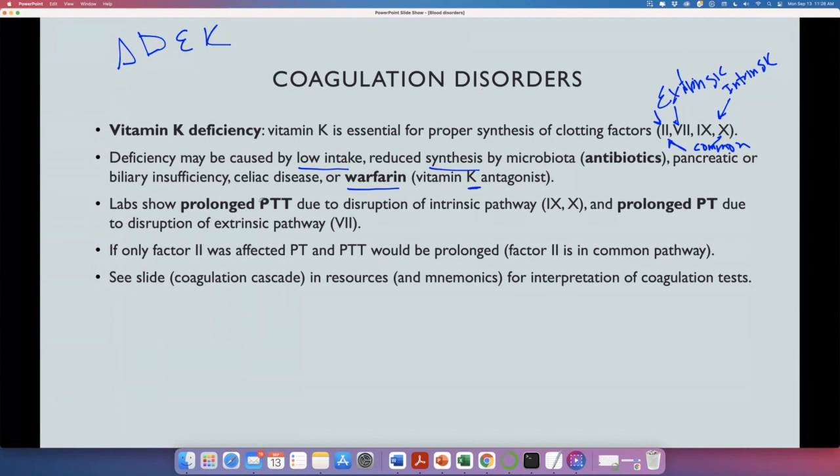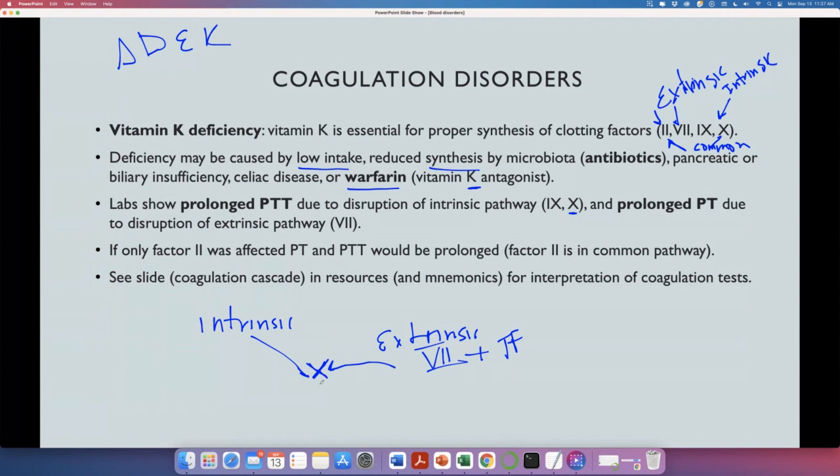Prolonged PTT disrupts the intrinsic pathway. I placed 10 in the intrinsic here, but remember that 10 is like the end of the intrinsic. But the extrinsic has to do more with factor 7 binding to tissue factor, which also is going to activate 10.